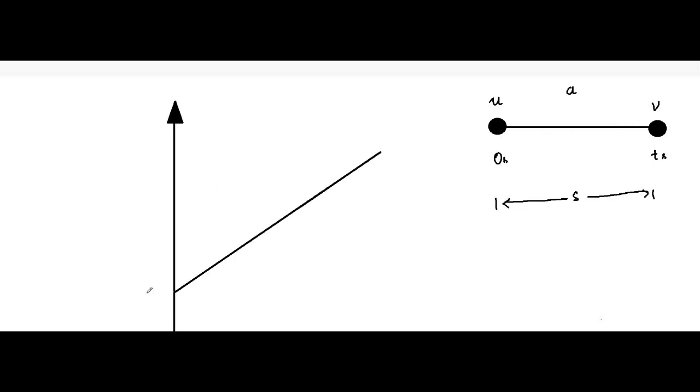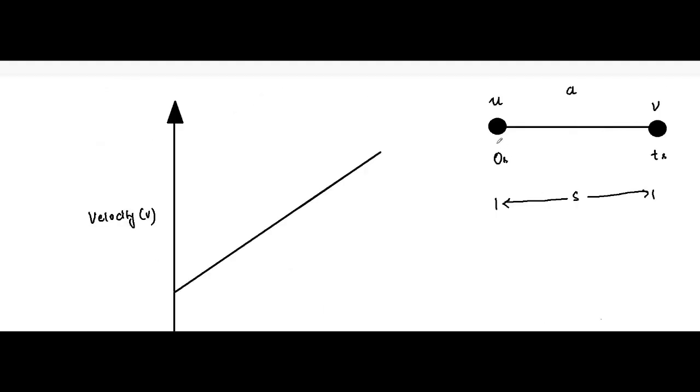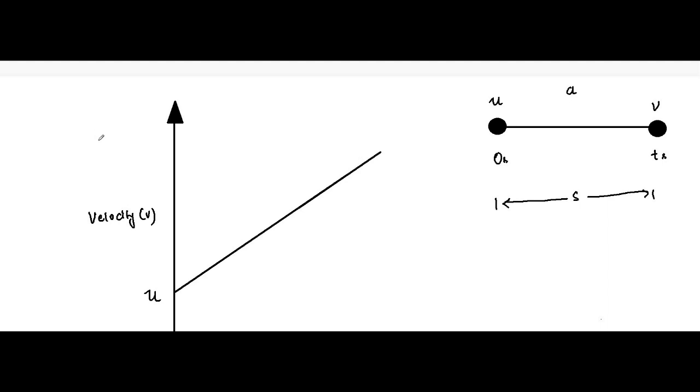So now we will be deriving another expression using the graphical analysis. Here is the velocity and time graph. It's the origin. Same thing, an object starting at t = 0 seconds with initial velocity u and finally attaining a final velocity v.